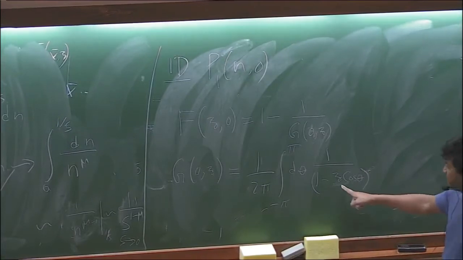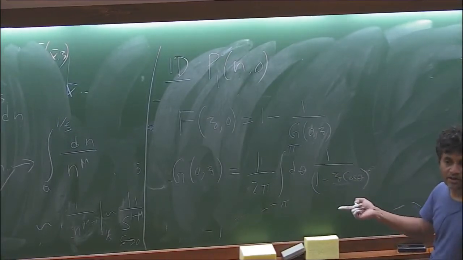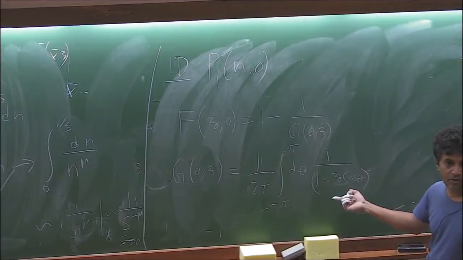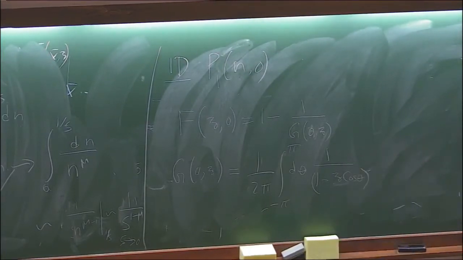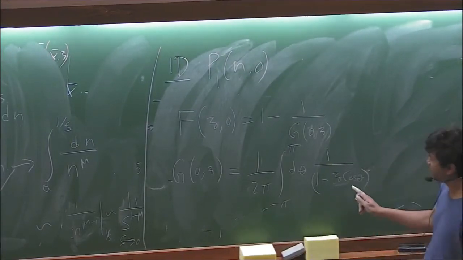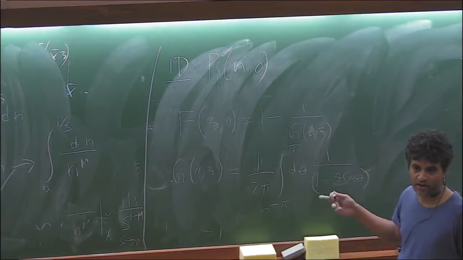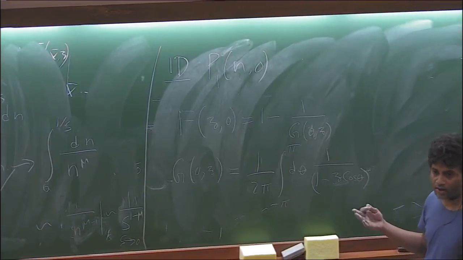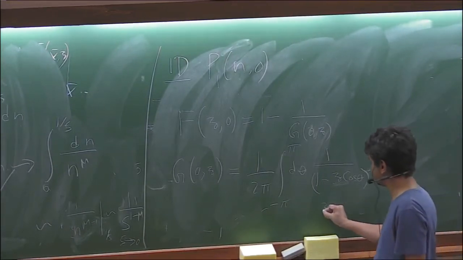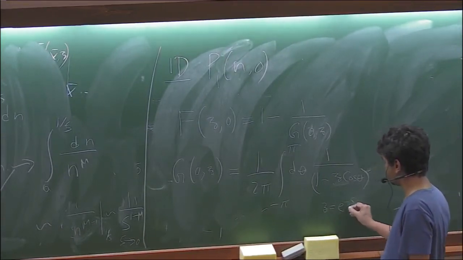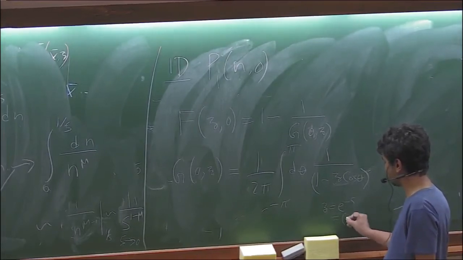And if z equal to 1, this blows up, but for z less than 1, it doesn't blow up. And we want to compute this, specifically for z close to 1. So we can put z equal to e to the minus s, and if s is small, this is like 1 minus s.